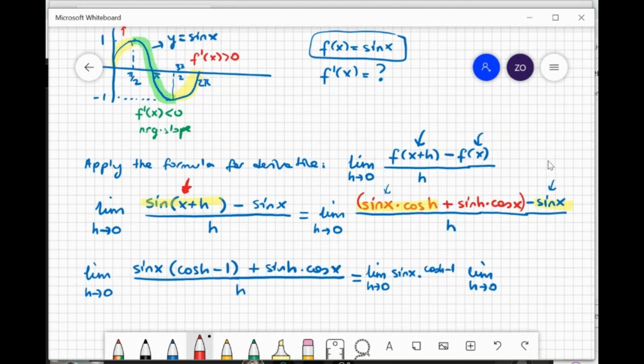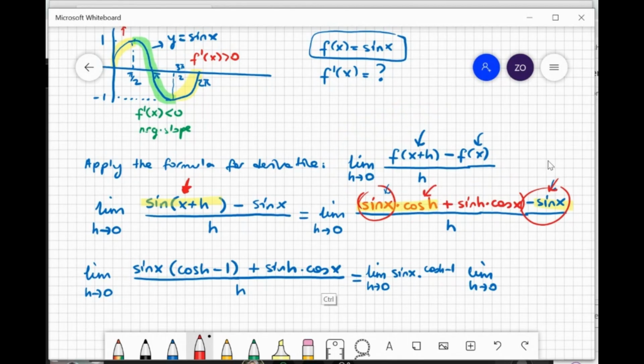And now what we did was take this and this and group them. So here is sine x, just factor that out. So we are left with cosine h minus 1 here.